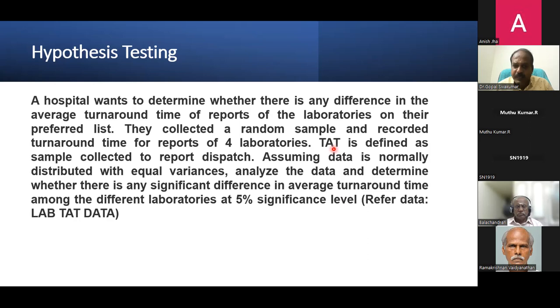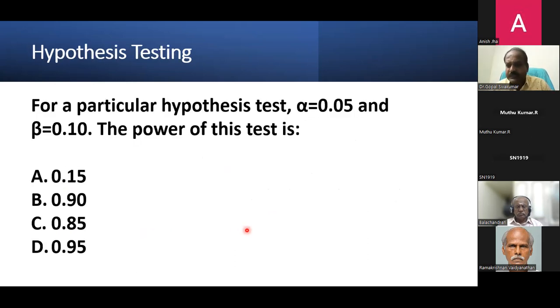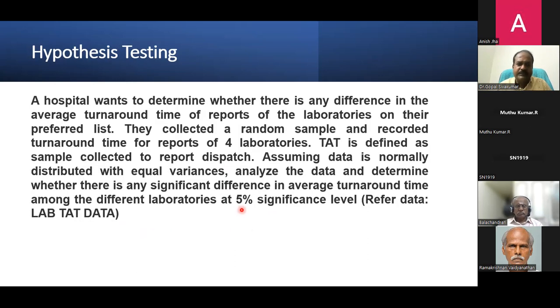Go to Minitab, conduct ANOVA, and the same lab time data is available in our Excel sheet. It will also be provided in the exam window. Whichever way you are comfortable, you can use it. That's why I keep this Excel file on your site, so you can study it, conduct the ANOVA, see whether there is a significance or not, and then answer.